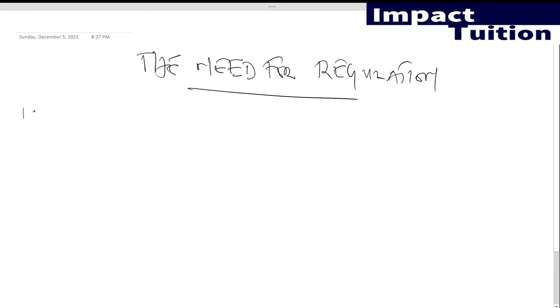The first obvious need for regulation is that it ensures external users are provided with information that is relevant to their decisions and are reliable.